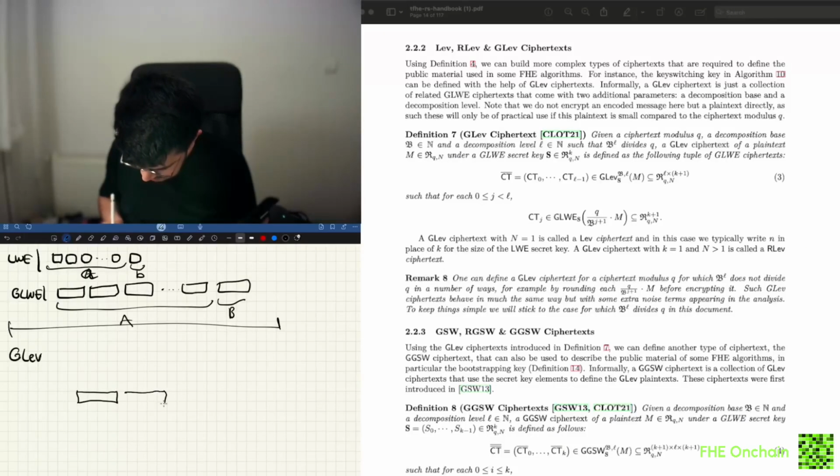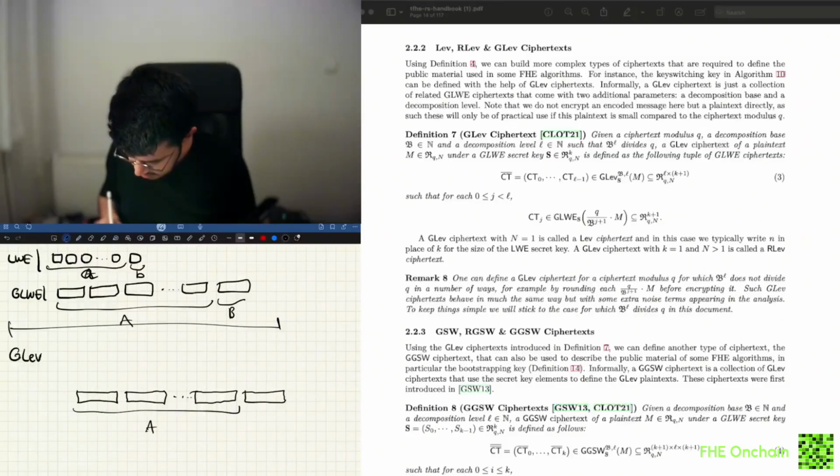Let's say these are the mask, and this is the body, and this is obviously one GLWE ciphertext, so it will be L many. So we have a new layer for each GLWE ciphertext.